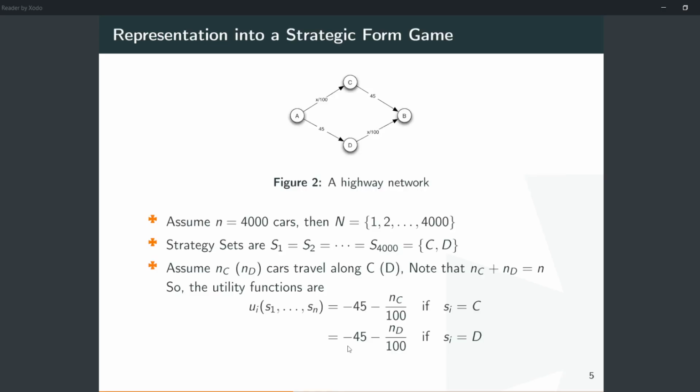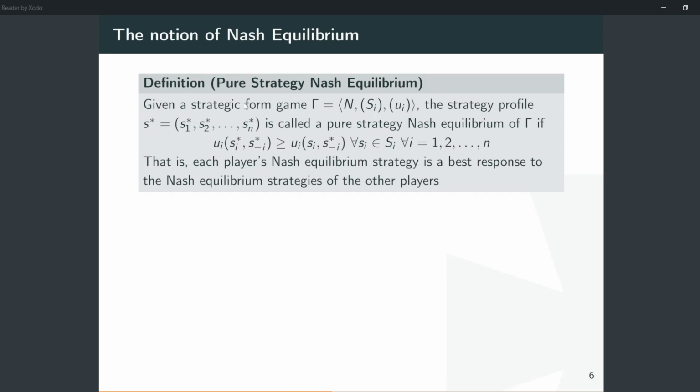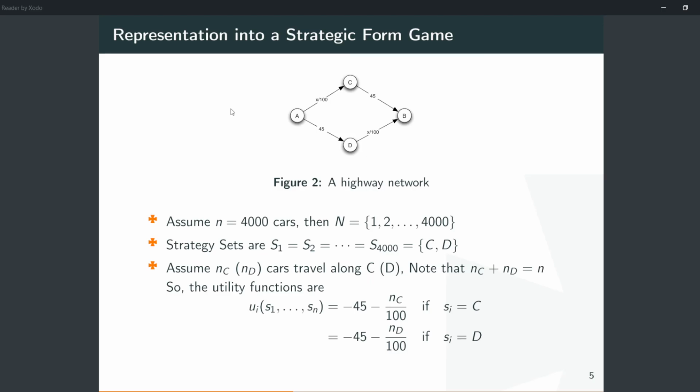Say here, if C is used 50% of the time and D is used 50% of the time by a single player, then it is a mixed strategy. But here we are not considering that, we are only considering a pure strategy. That means a player can only apply C or D.